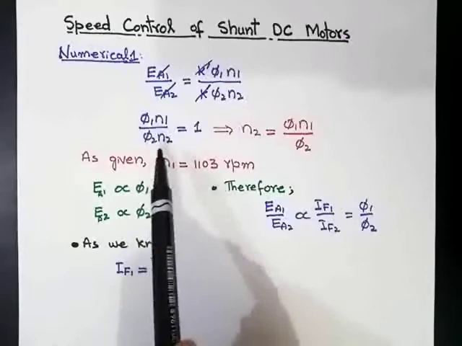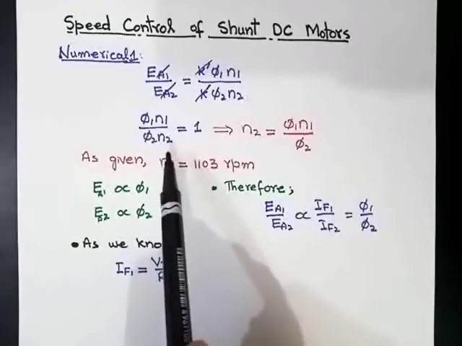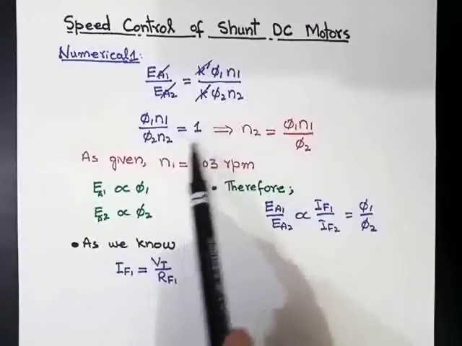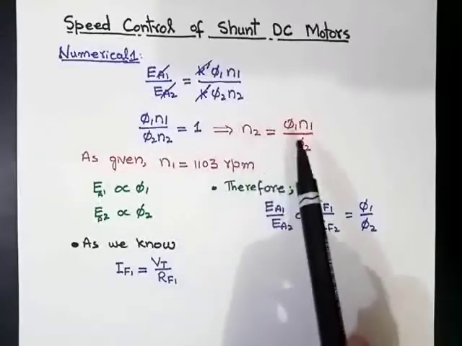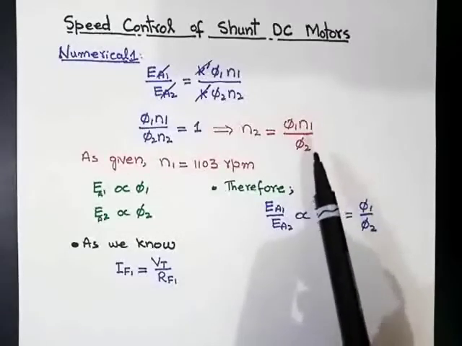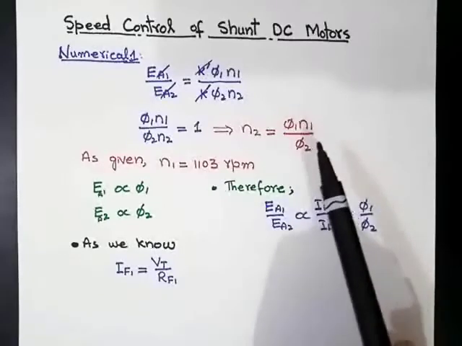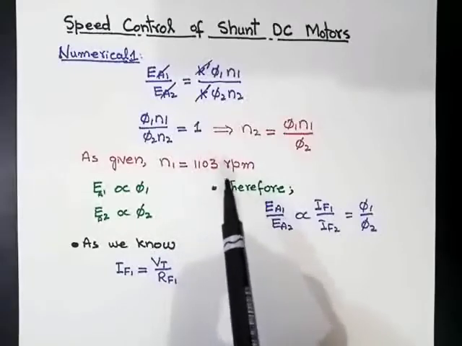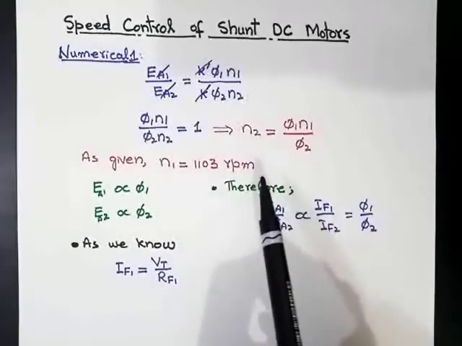Here we want to find the value of N2, that is the speed N2 when the field resistance is equal to 50 ohm. Therefore, N2 will be equal to flux 1 into N1 over flux 2. As given in this problem, the value of N1 is equal to 1103 revolutions per minute.